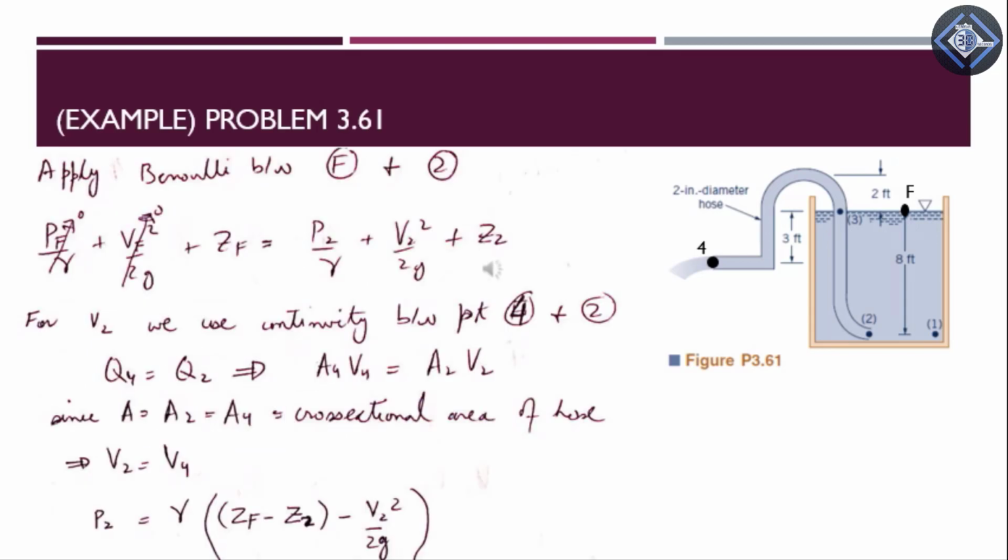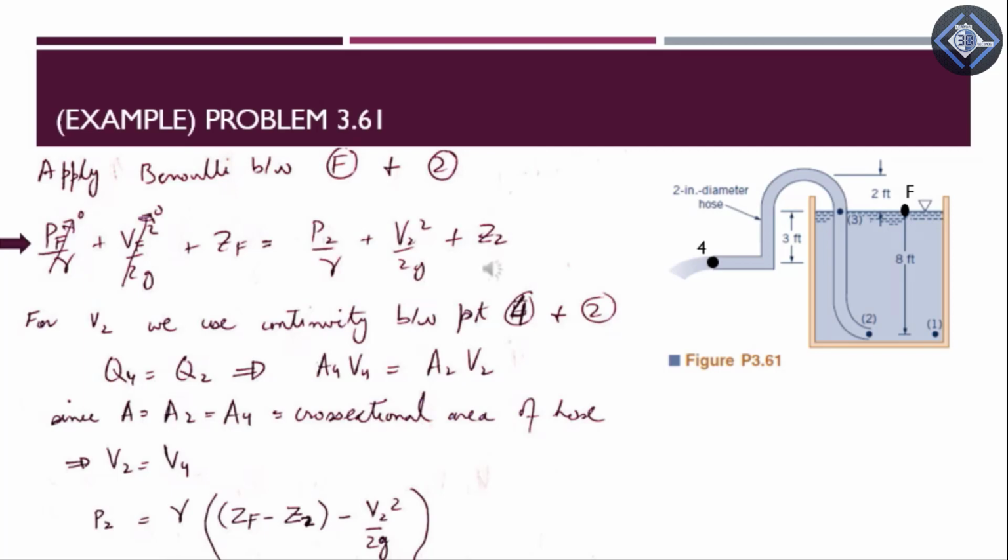So in order to find pressure P2, we apply Bernoulli equation between point F and point 2, but we have two unknowns in the one equation that we have written, that is P2 and V2. To find V2, we apply the continuity equation between point 2 and point 4.